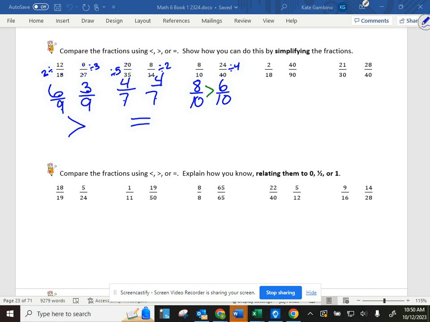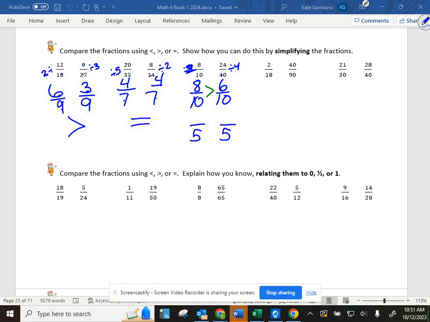Is that the only denominator I can simplify down to? Zelda, what else could I simplify to? You could do like 5. Yeah. And I could have 5s as my denominator. And I could say 10 divided by 2 gave me 5.